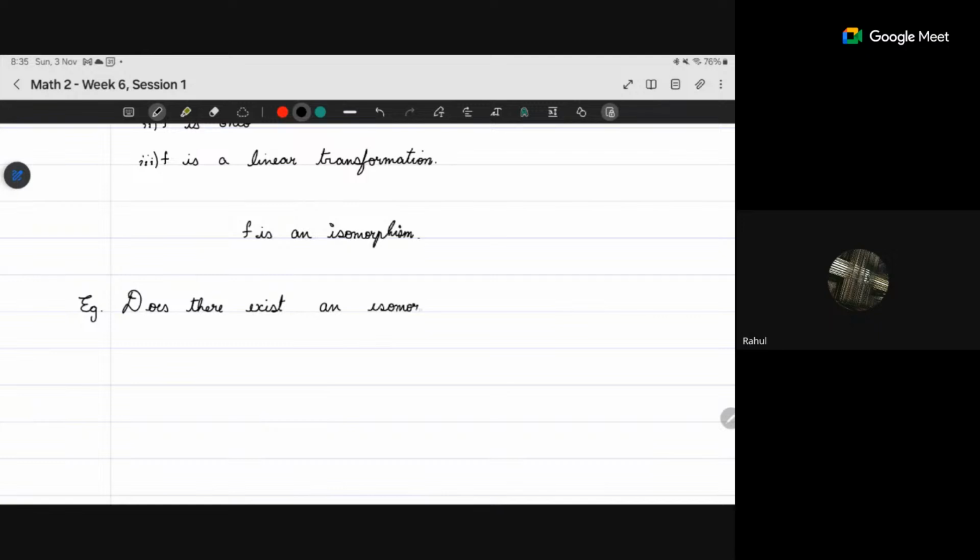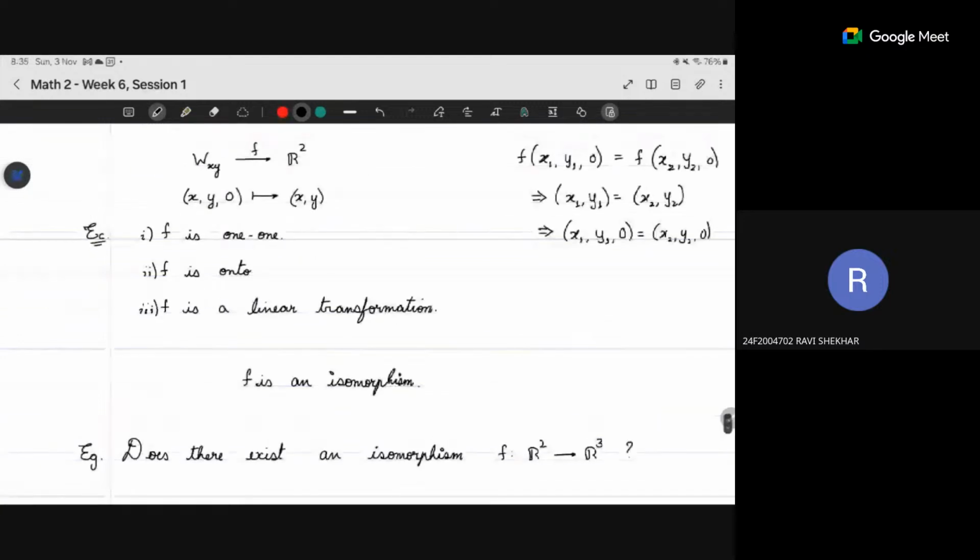From now onwards, I'll not say linear isomorphism, but isomorphism will always mean linear isomorphism. Sir, if you take the coordinate x comma y comma, let's say 2, will it have an isomorphism in R2?